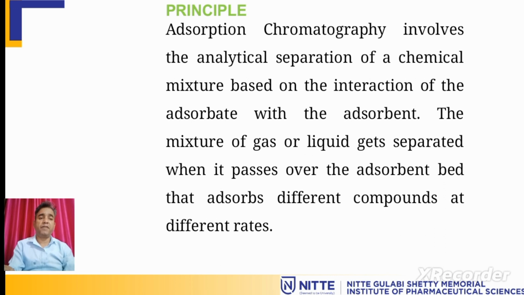Based upon the affinity of the compound for the stationary phase and the mobile phase, the compounds travel with different speeds. If a compound travels faster in the mobile phase, it elutes first, and if it travels slowly in the mobile phase, it is eluted later. Or it can be said like this: the compound which spends more time on the stationary phase elutes last, and the compound which spends less time on the stationary phase elutes first.